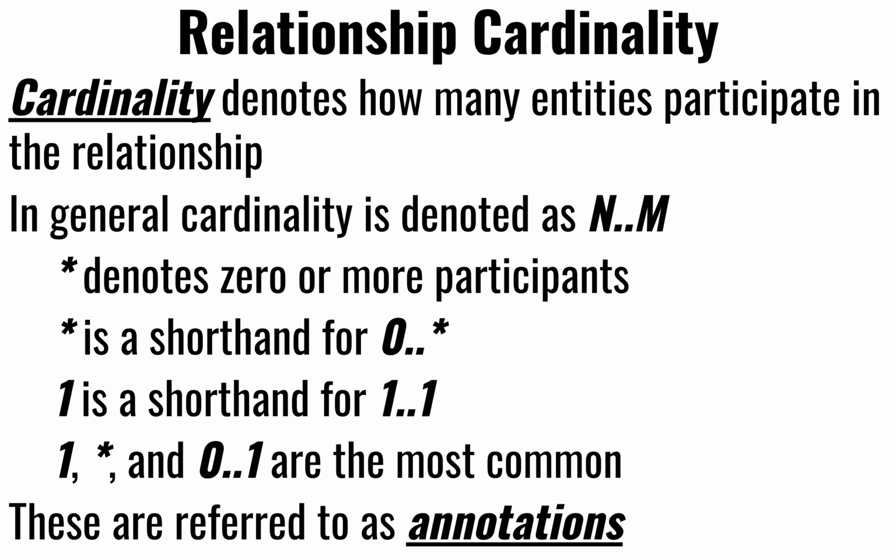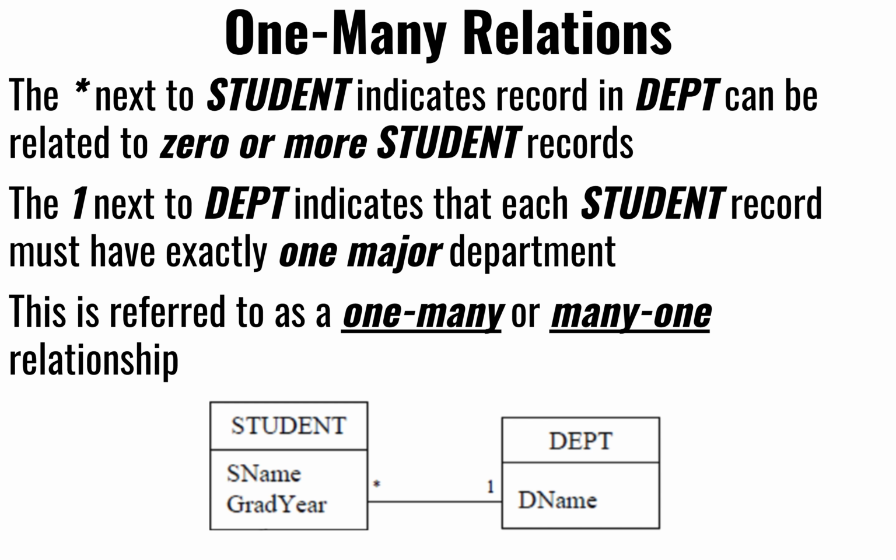So you have some shorthands here where asterisk is a shorthand for 0 to many, a minimum of 0 and a maximum of many. And 1 is just a shorthand for a minimum of 1 and a maximum of 1, right? But this could be anything. N could be 2 and 4. Right? So for instance, I might say here that teams might be between 2 and 3 students, or 2 and 4 students. So it'd be 2..4. So these would be annotations.